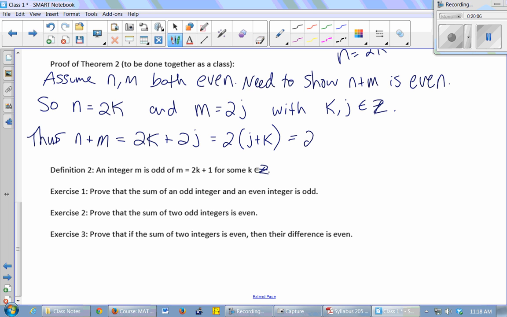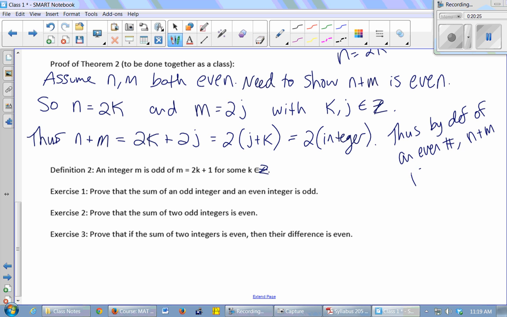So this is 2 times another integer, and that's the definition of an even number. Thus, by the definition of an even number, n plus m is even. And then put a little check, the proof is complete.